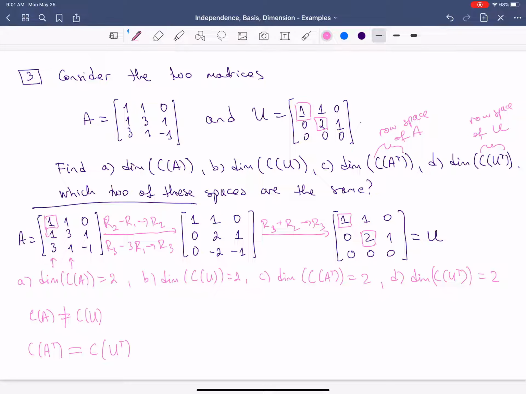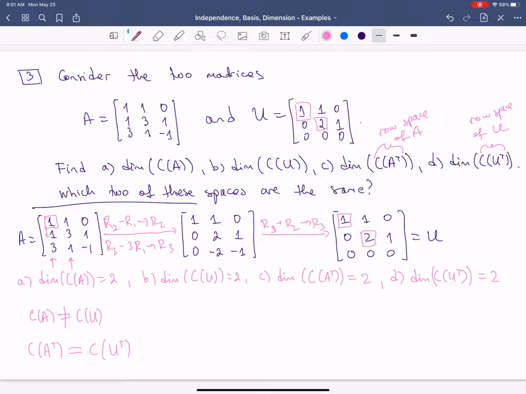How can you show that two spaces are equal? Well, we need to show that when we choose a basis for the row space of A, and when we choose a basis for the row space of U, their linear combinations actually describe the same space.